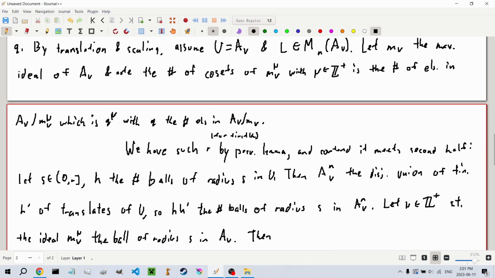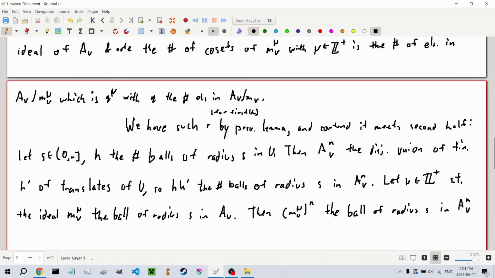Then our m nu to the mu to the n is the ball of radius s in the evaluation ring to the power of n about 0.